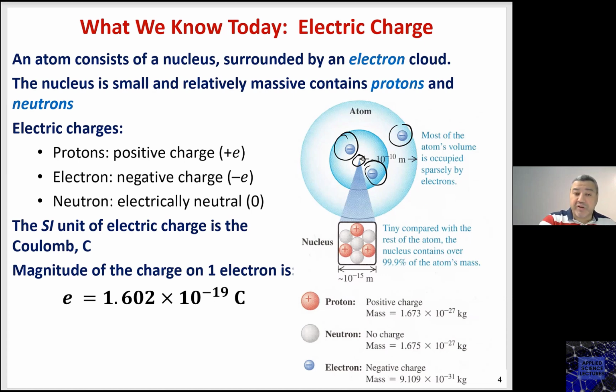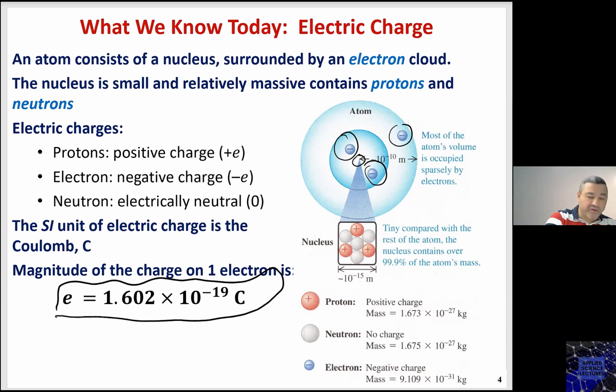Now, neutrons are electrically neutral. However, protons have a positive charge that is the same magnitude as the electron, which is e. So e here is the magnitude of the charge, either an electron or a proton.